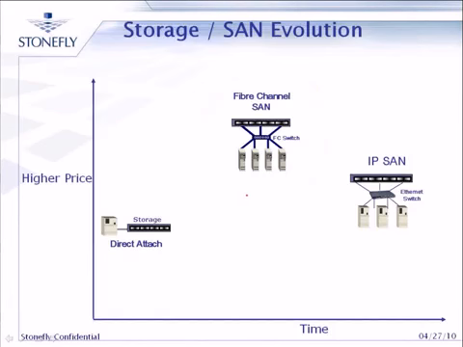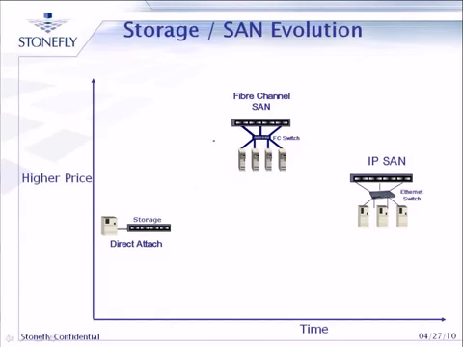The concept of centralized storage began, and that's where Fibre Channel SAN started to appear. Obviously it had higher prices, but it provided a lot more advantages over DAS, so almost everybody in the industry started to move toward Fibre Channel.